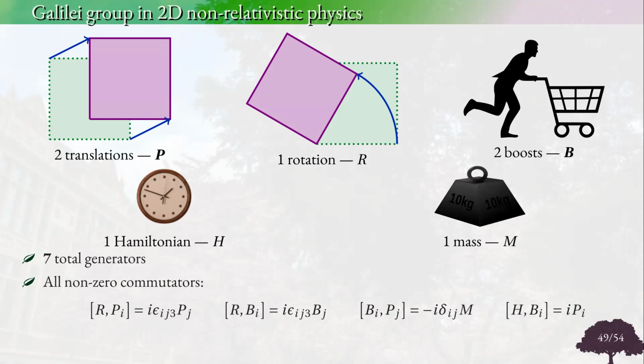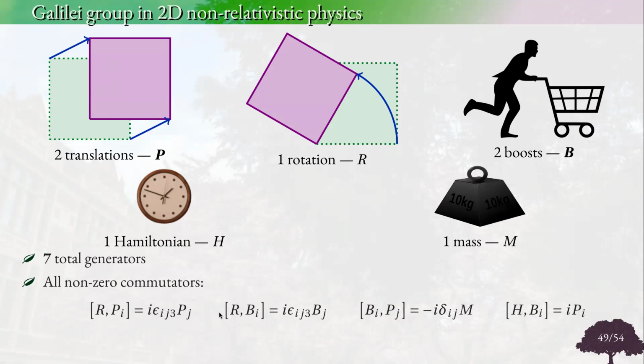Well, in 2D non-relativistic physics, what you have are 2 translations, 1 rotation, 2 boosts, 1 Hamiltonian time translation generator, and 1 mass. Typically, people don't think about the mass as an operator, but if you promote it to an operator, then it's just an operator that commutes with everything else. So that would give you 7 total generators.